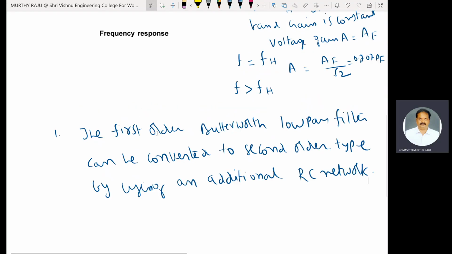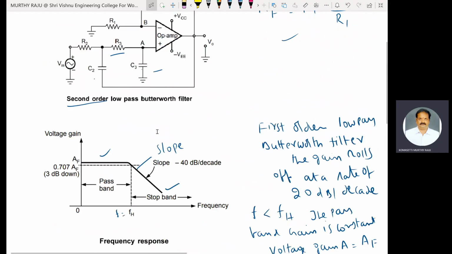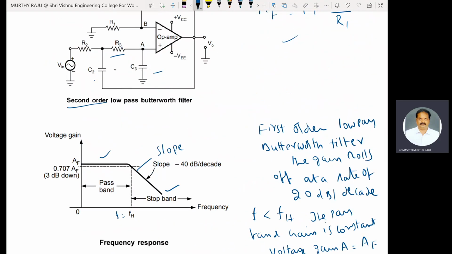The additional RC network means R3 C3. The cutoff frequency fH for this filter is now decided by R2 C2 R3 C3.